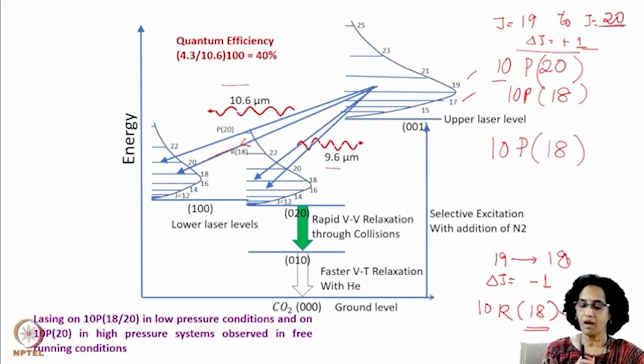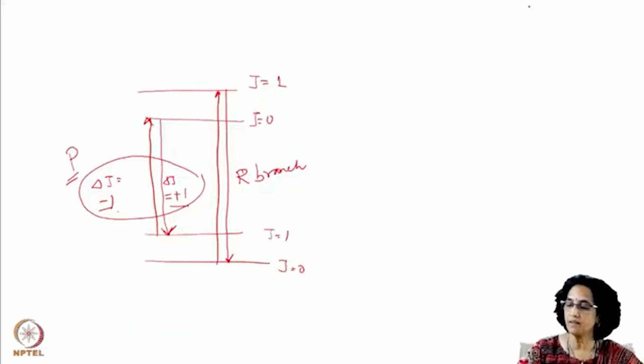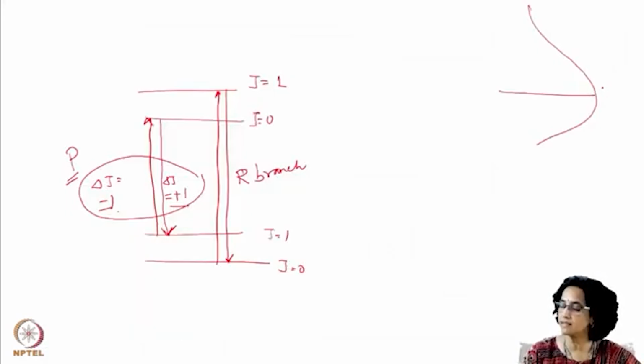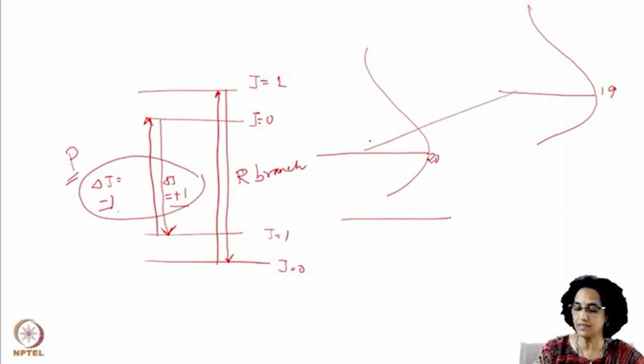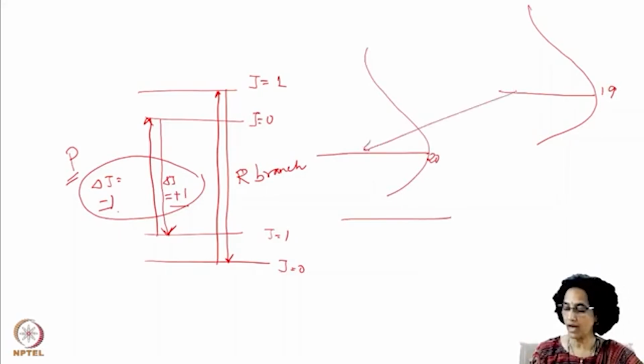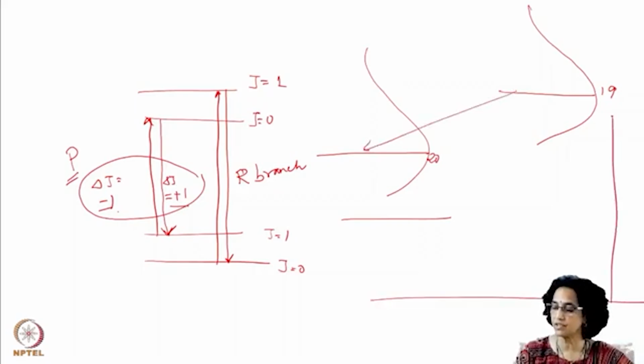Now, what actually happens when this lasing is taking place? You see, say this is 19 and it is coming to 20 and you have the transition, right? And we are having a continuous excitation.